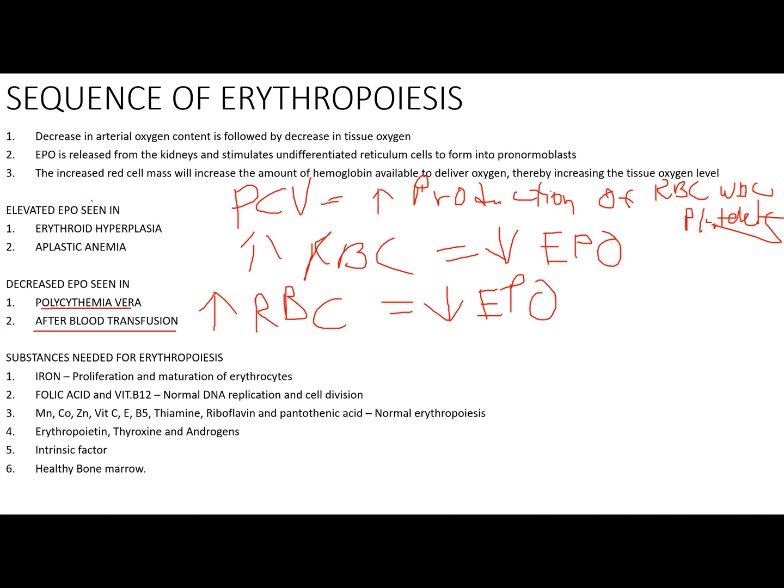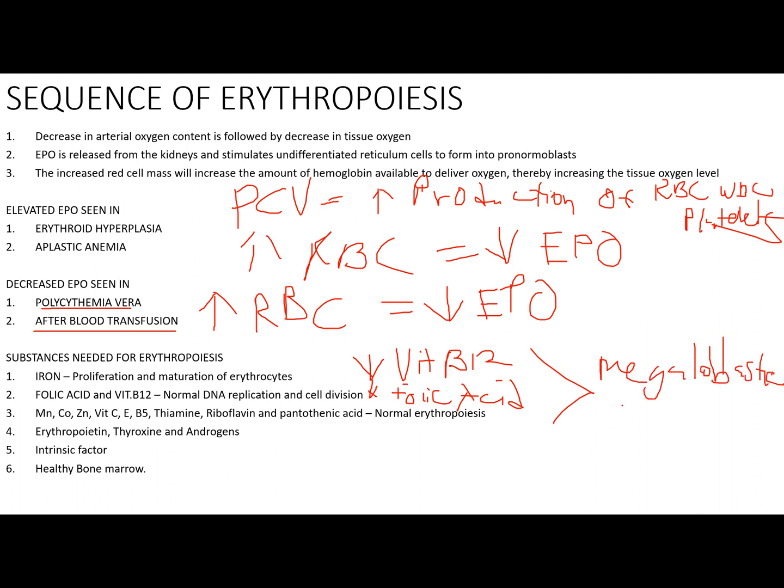Class, when you have decreased vitamin B12 and decreased folic acid, this would lead to a type of anemia known as megaloblastic anemia. You will have megaloblastic anemia, class.